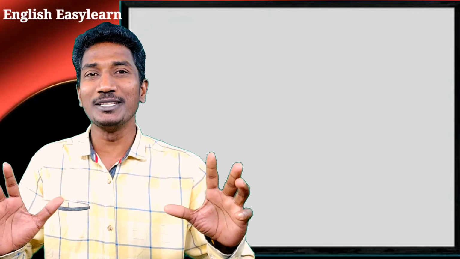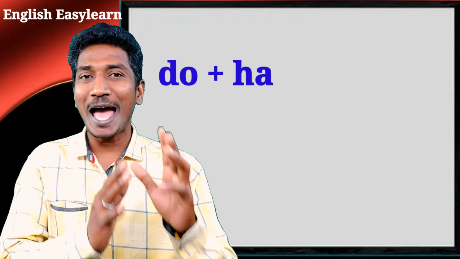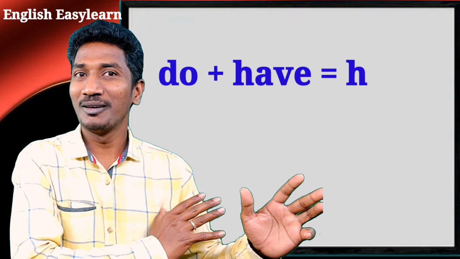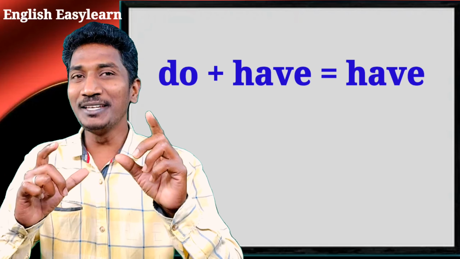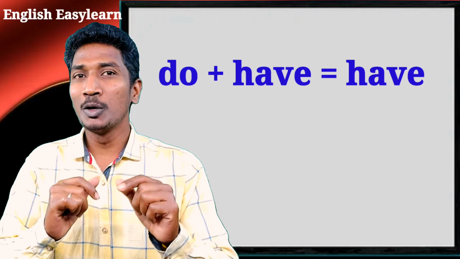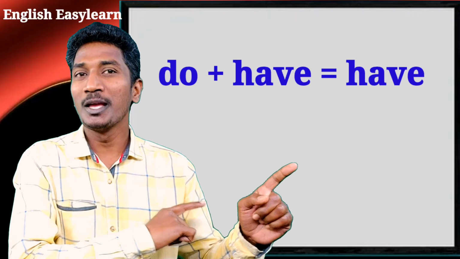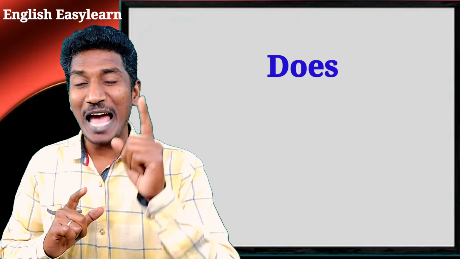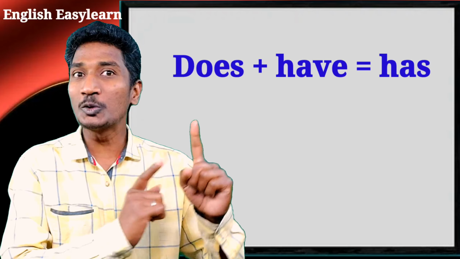How is this made? Have is made of do plus have is equal to have. Don't wonder why I'm saying mathematics; it is a simple idea that you will remember. Do plus have is equal to have, and does plus have is equal to has.